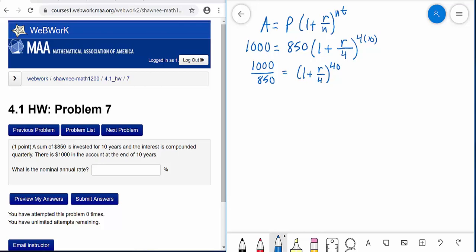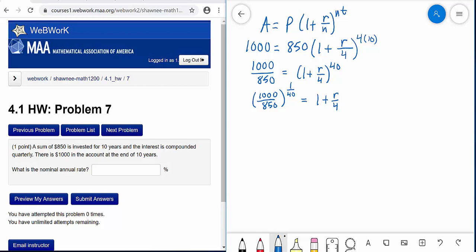So to unravel the next step, to get rid of this parentheses to the power 40, I would take the 40th root of both sides. Another way of writing that is the 1 over 40th power of both sides. So I have this expression on the left, 1,000 over 850, and taking the 40th root, or the 1 over 40th power, that will equal 1 plus r over 4.